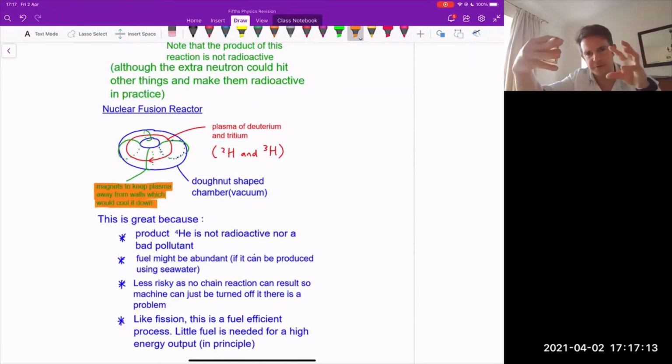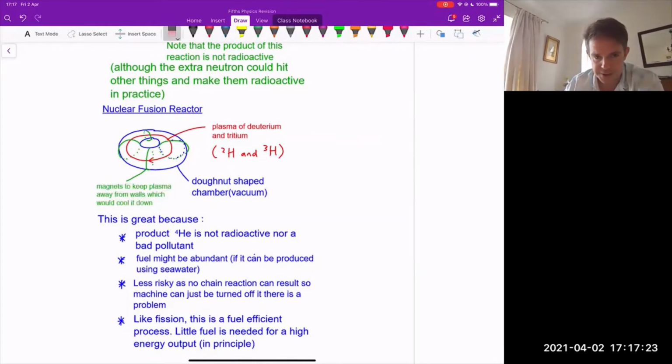So you need to control it and keep it away from all the walls. The only way to do that is with magnetic fields. So it takes a lot of energy, first of all, to raise the temperature of the hydrogen, but also a lot of energy to energize the magnets, which control the sample. You don't need to worry too much about all these advantages and disadvantages.